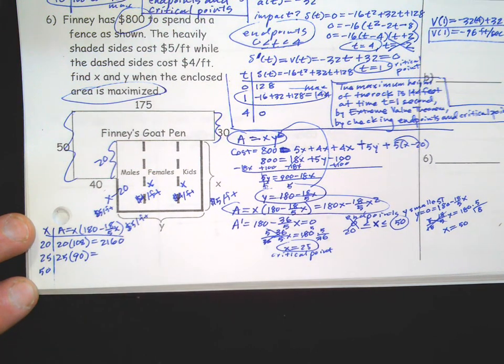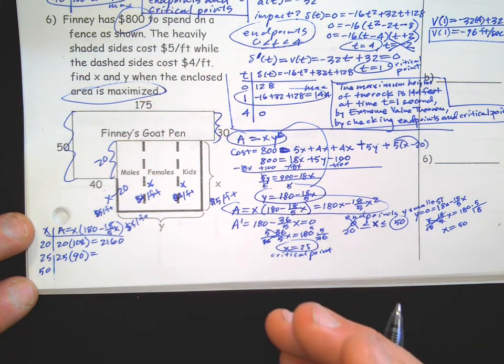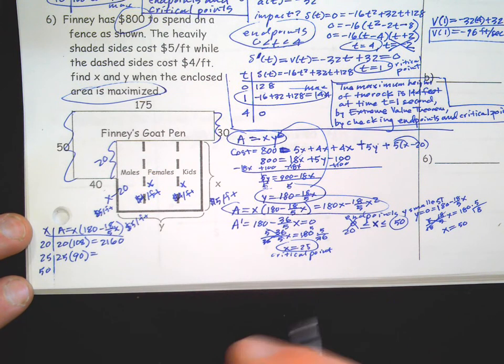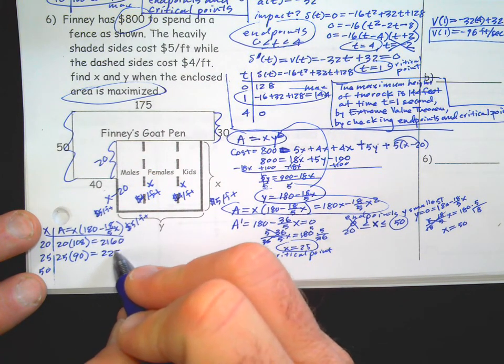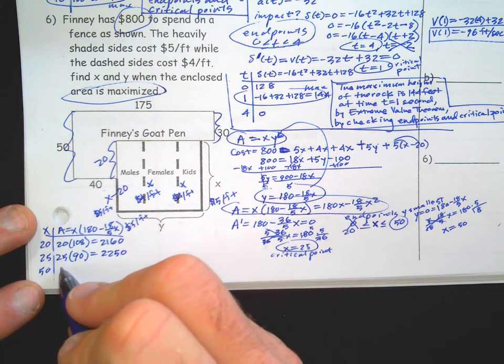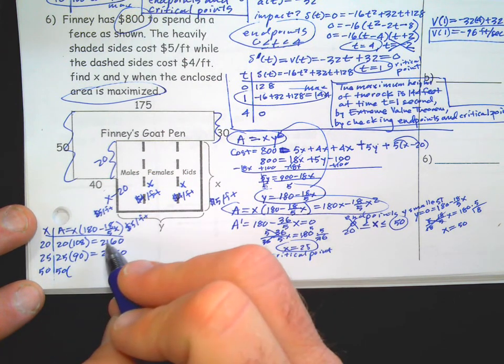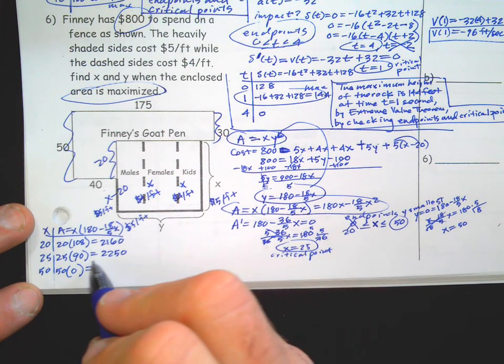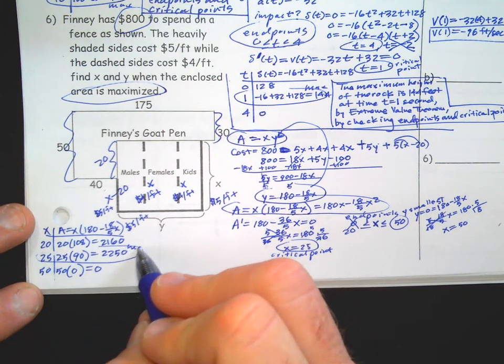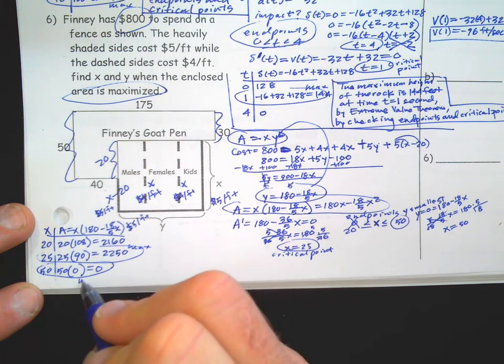Now, every 4, I don't know how we're going to do this. 9 25s would be 225, and then add a 0 on the end of it. And then 50 would actually be 50 times 0, which is 0. So there's your max. There's your min.